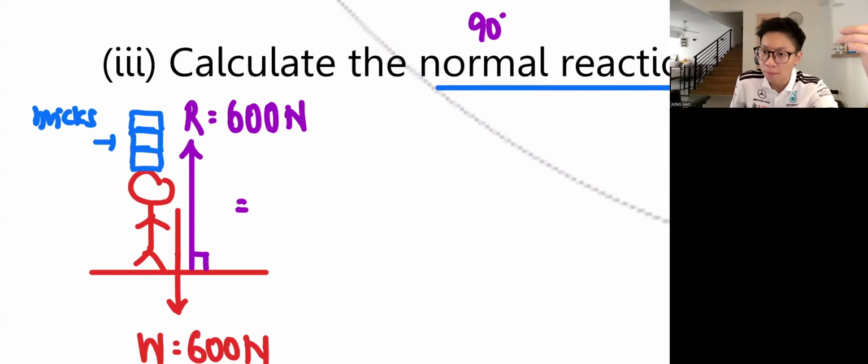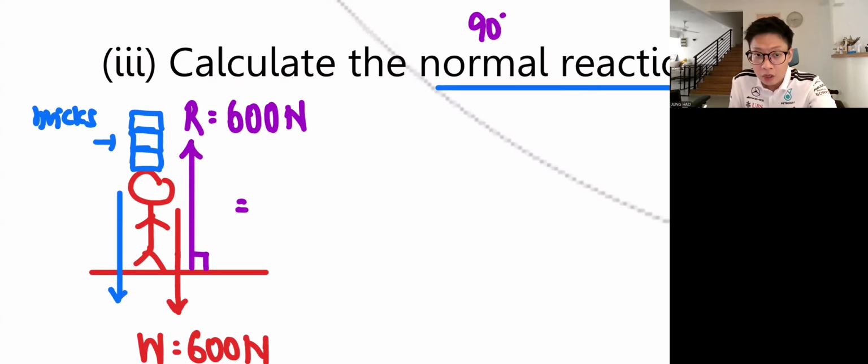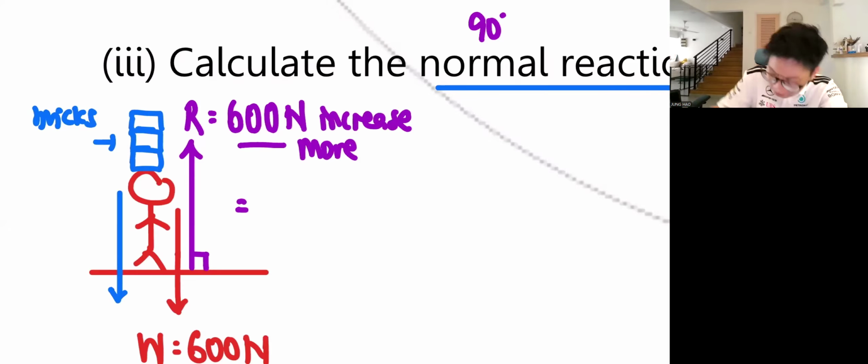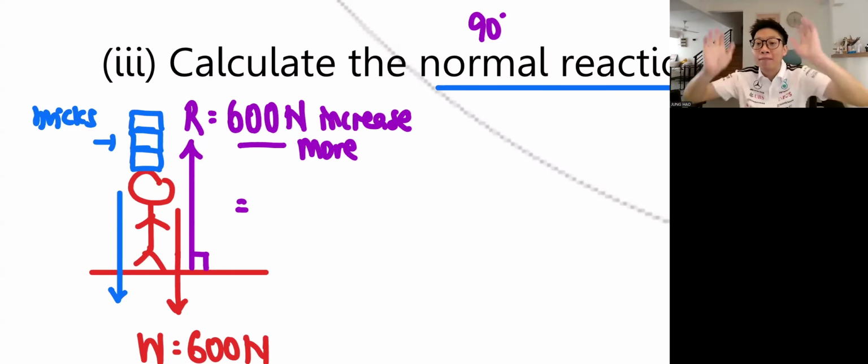The answer here is very simple. If I start to throw bricks on my head, that means I have more force pushing all the way down, correct? So therefore, this reaction force will be more. It will need to increase because now I push the floor more due to additional weight, so the floor needs to push me back more to balance.